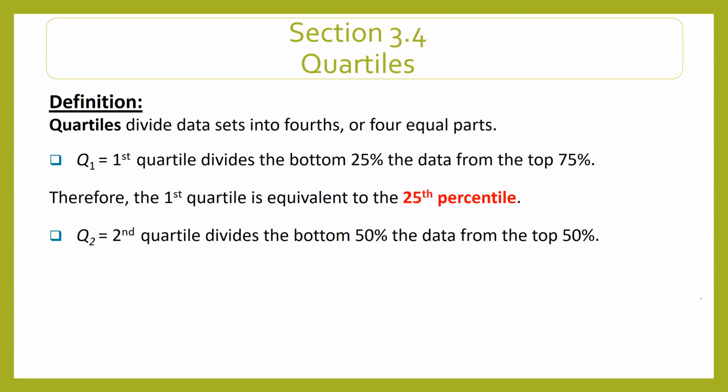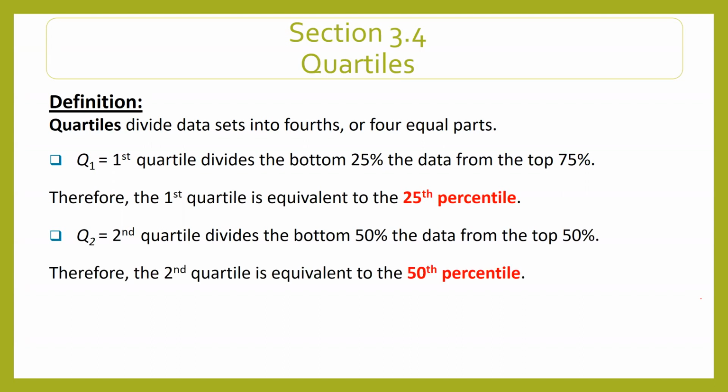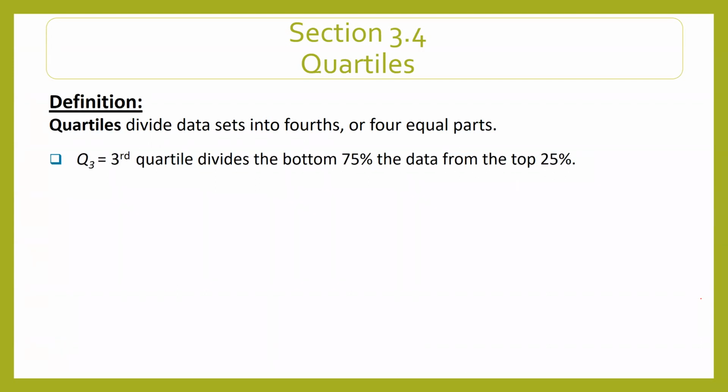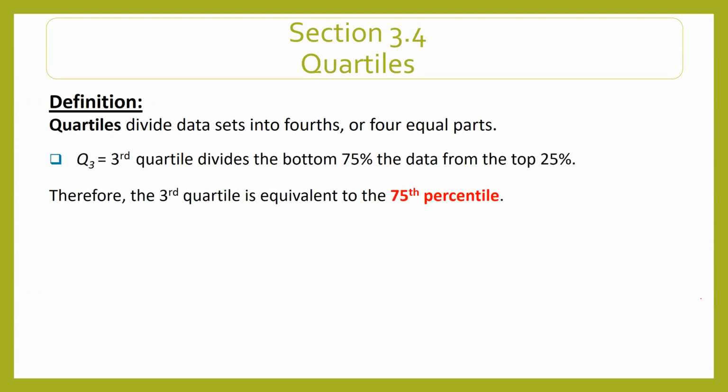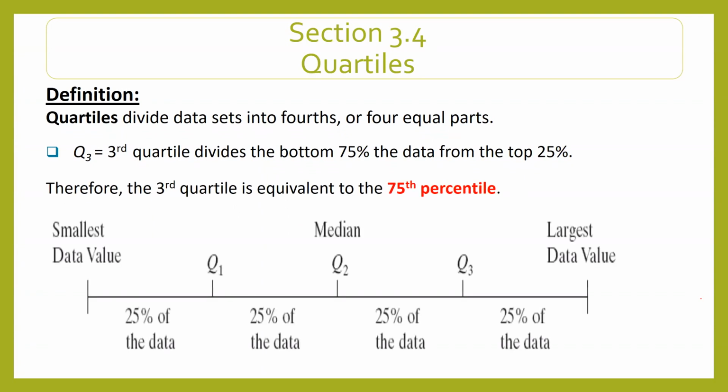Q2 divides the data into two, which is equivalent to the 50th percentile, and because it's dividing into two, this is the median. And Q3 divides the bottom 75% from the top 25%. So this is the 75th percentile. And this picture says it all. That is the correlation between quartiles and percentiles.